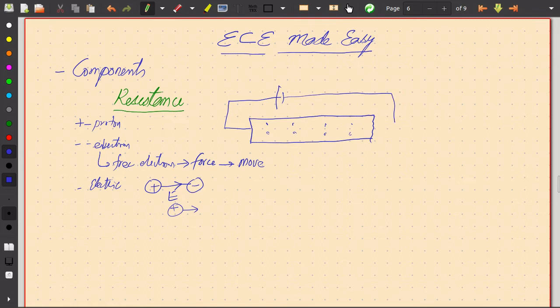So, when we apply an electric field through a potential energy applied with a voltage, then what happens is this positive terminal of the battery will attract the electrons, because electrons are negatively charged.